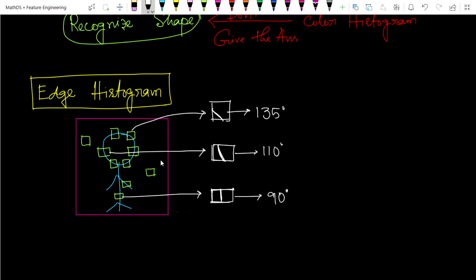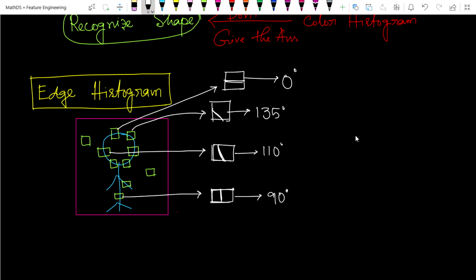I think you got the point. If you take this shape, it looks like a straight line, at 0 degrees.